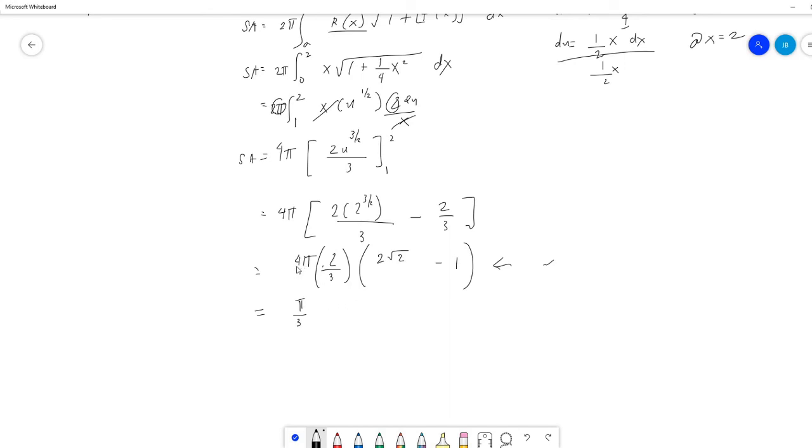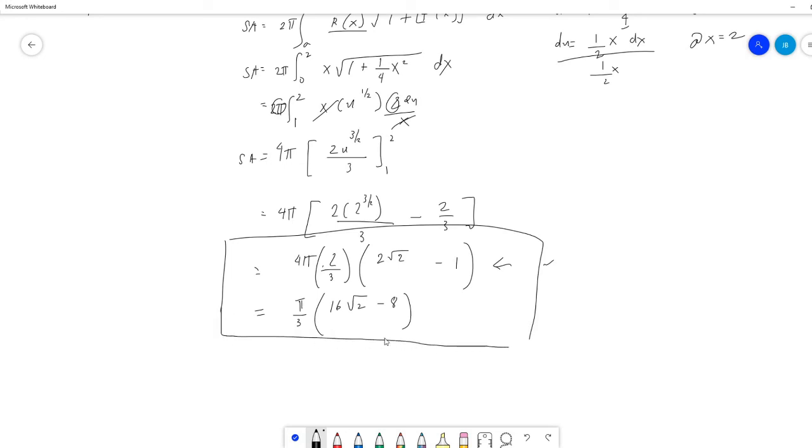And then, i-multiply ko si 4 and 2, so that's 8. Then multiply ko dito sa loob. So that's 16, diba? Then square root of 2 minus, again, 4 and 2, 8 times 1. That's 8. Okay, so either of these 2 can be your answer, pag walang choices. Okay? So this is your final answer.